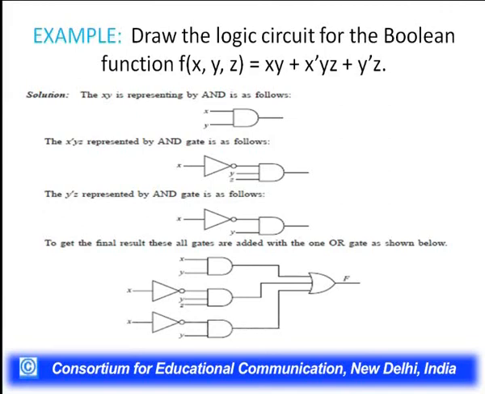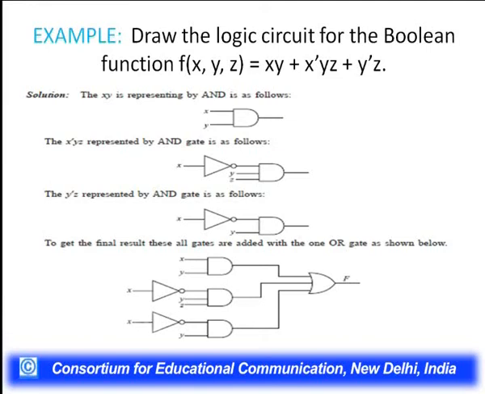So first xy: use an AND gate and you get the term xy. For the next term x' yz, take x through a NOT gate to get the complement x', then take y, z and use the AND gate to get x' yz.